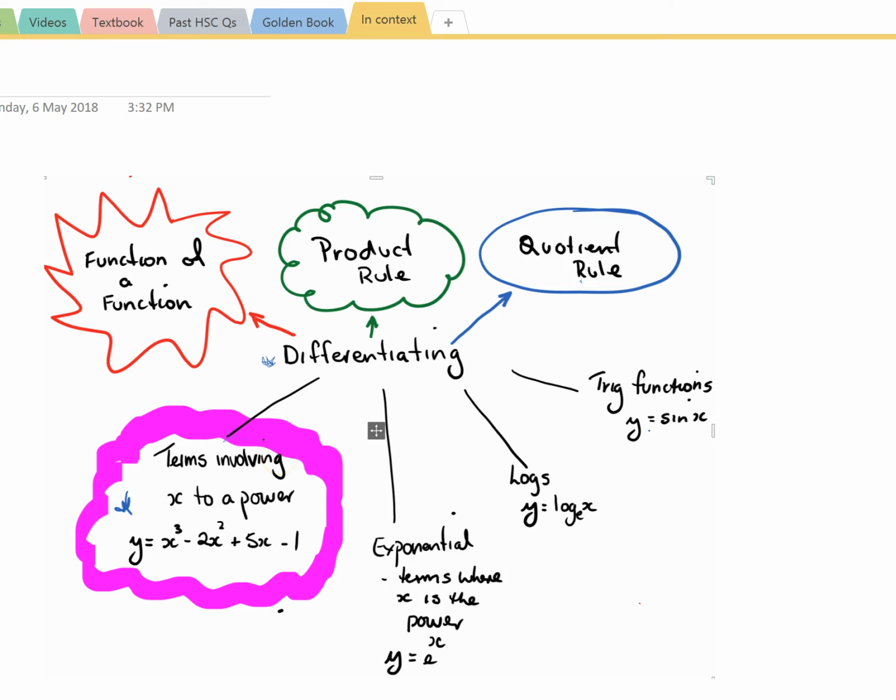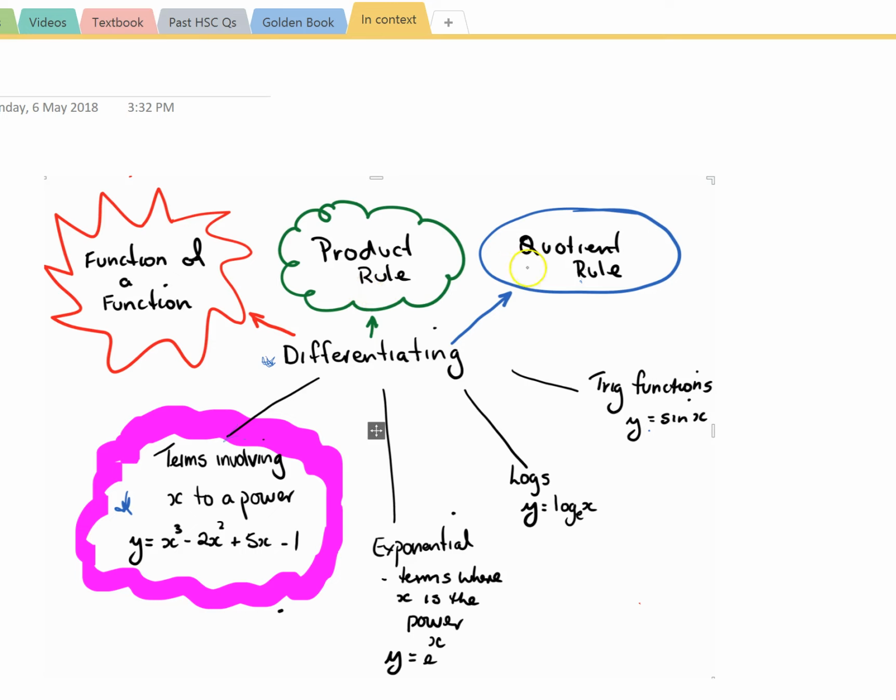You've learned that when a function is a little bit more complicated and we would describe it as a function of a function, you have to use the function of function rule. We saw that when the function you are going to differentiate is the product of two functions, then again you must follow the product rule.